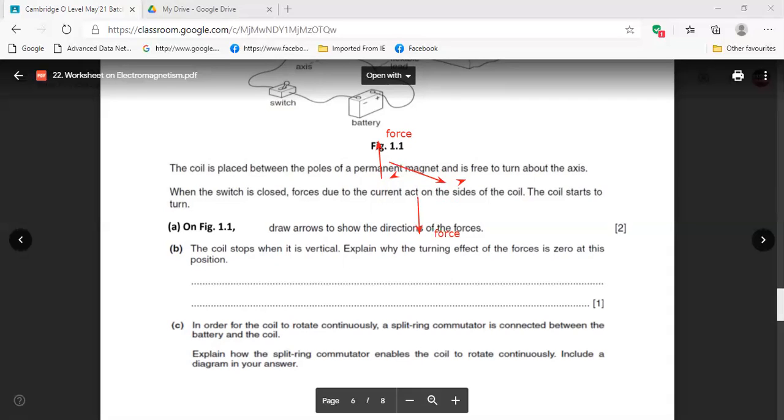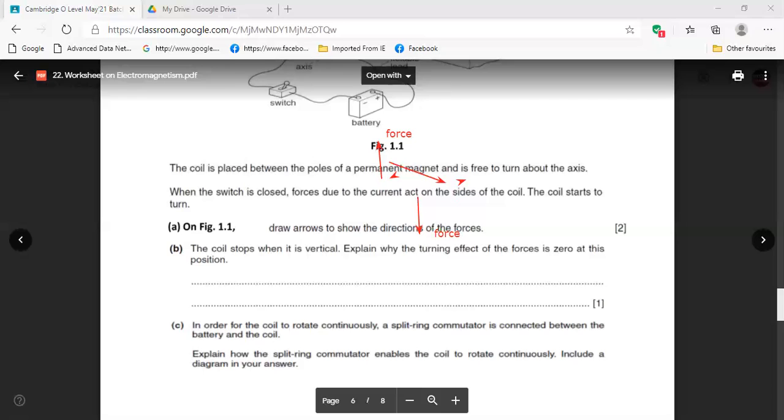That means the magnetic force created and the magnetic force we already have do not have any horizontal distance between them. Moment is another name for turning effect, right? So we don't have any perpendicular distance.